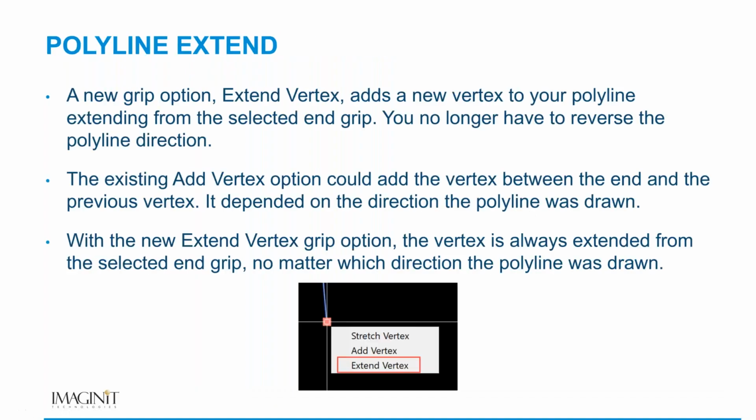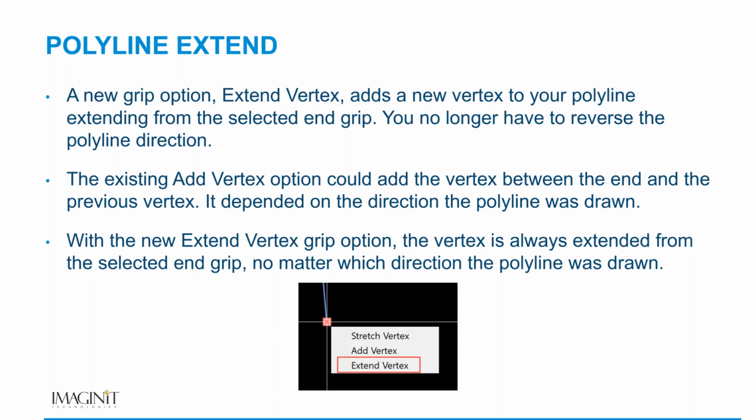The next one is Polyline Extend. This was probably, between the light version of the sheet set manager that doesn't break DSTs in the cloud and Polyline Extend, my most favorite thing I got excited about.